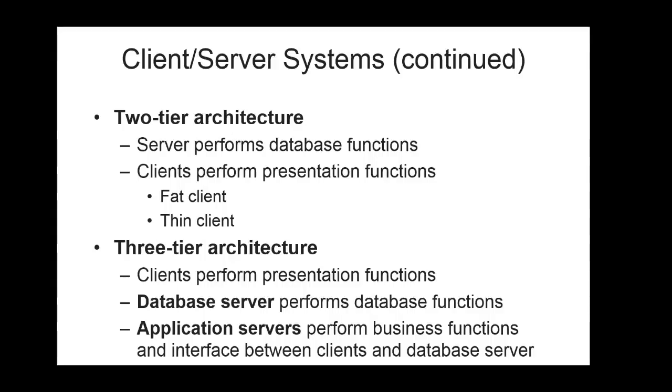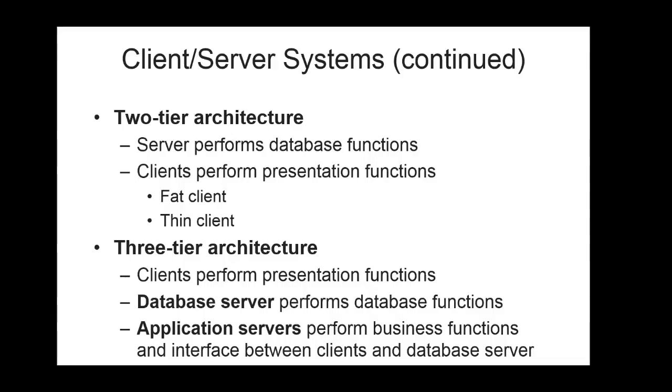We also have a three-tier architecture. The client performs the presentation function, a database server performs the database function, and a separate computer called an application server performs the business function and serves as an interface between the client and the database systems.